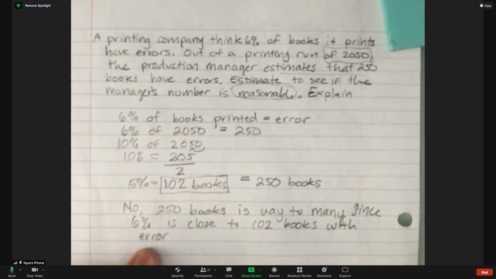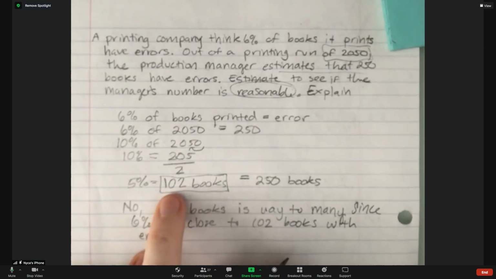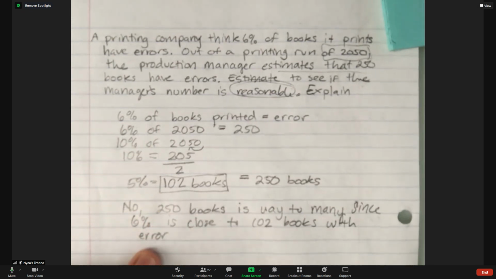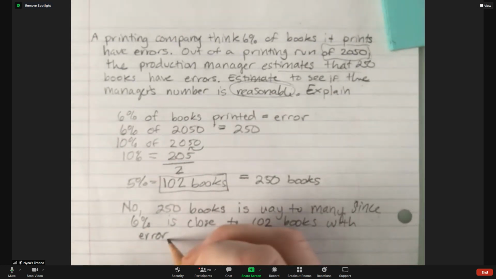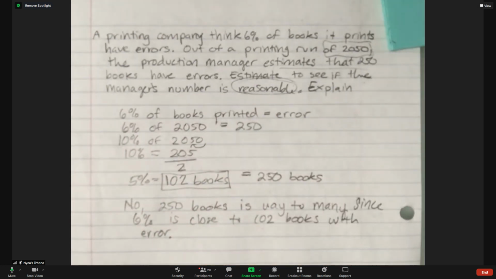What would 250 be? Well, 102, that's 10%. That means that this would be like 13%. That's way too many. So that's too high of an estimate, and it's beyond what is reasonable.